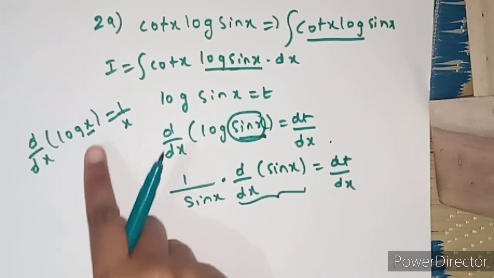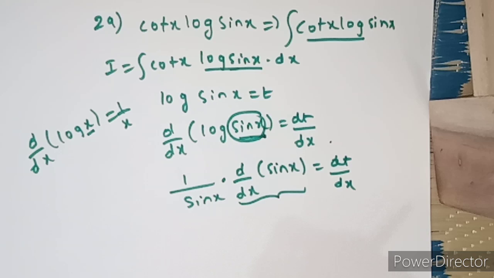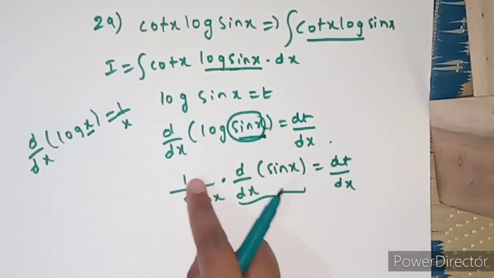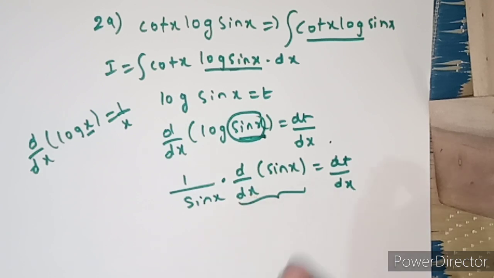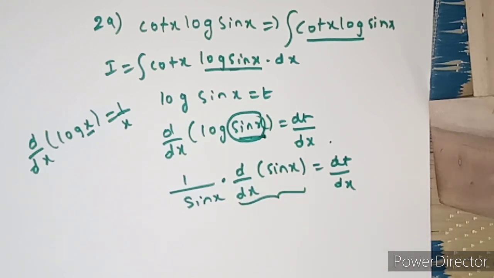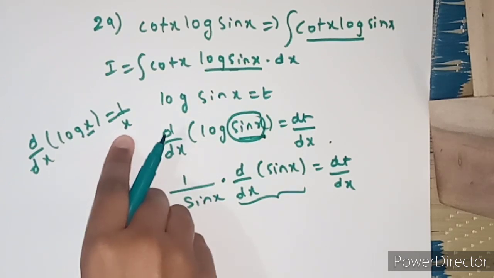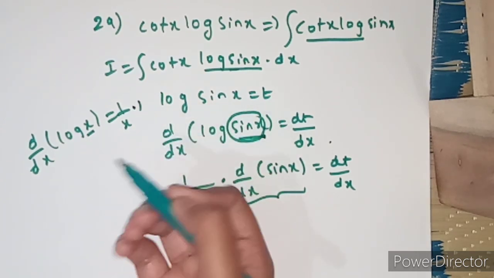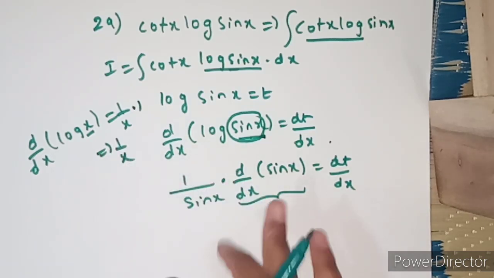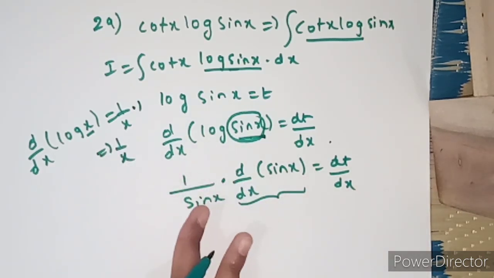If we have x, then 1 upon x, but here we have sin x, so first write 1 upon sin x and again take the derivative of sin x. Here the derivative of x is 1, so 1 by x into 1 is 1 by x only. That's the difference, that's all.